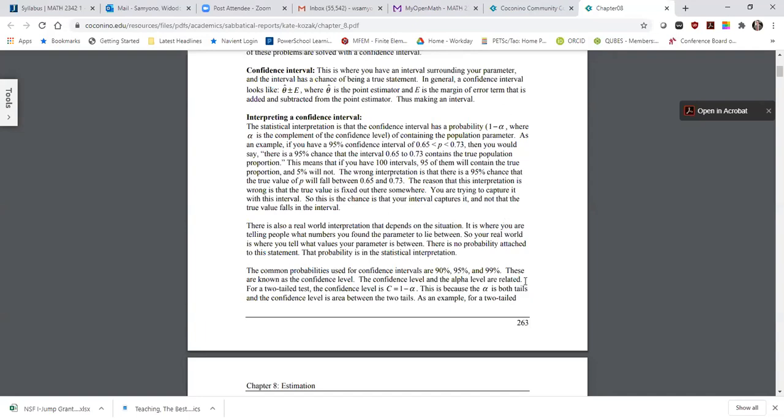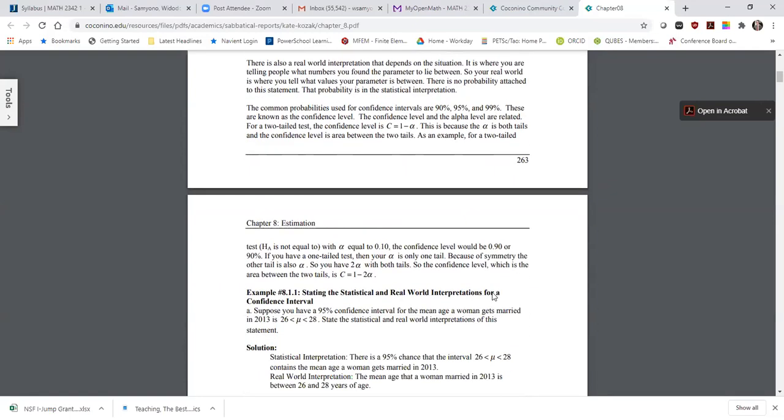So these are known as the confidence levels. The confidence level and the alpha level are related. Okay, so for the two-tailed test, the confidence level is C, which is equal to 1 minus alpha, because alpha is the area in the two tails, and the confidence level is the area between the two tails, right? Okay. For example, the two-tailed test is like this one here.